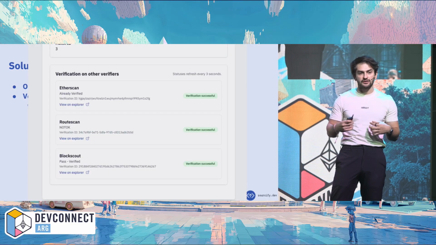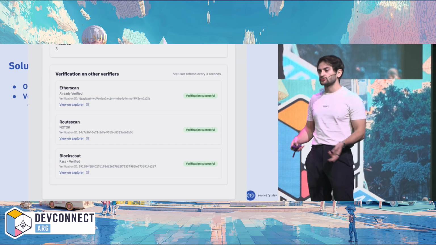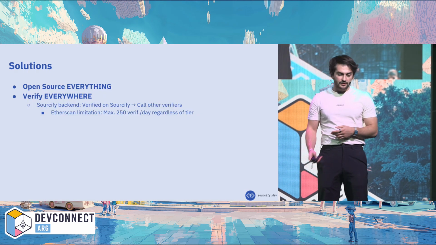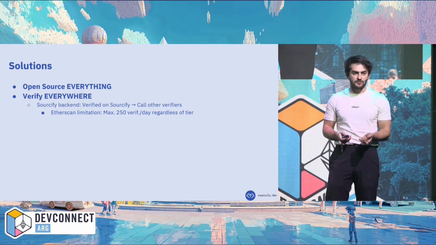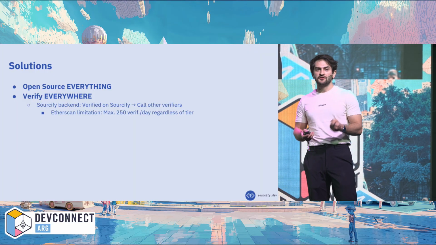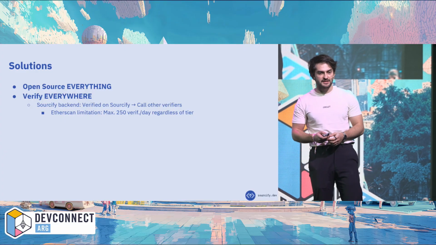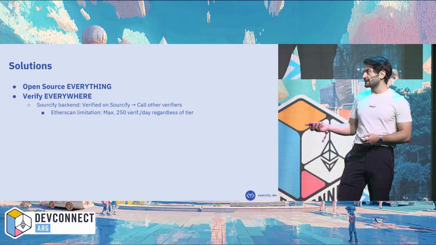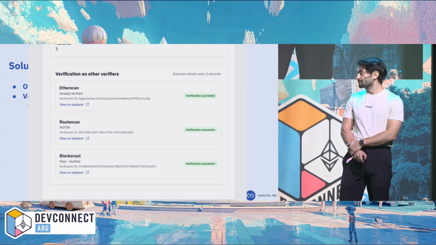So we also share it with Etherscan, we share it with RouteScan, we share it with BlockScout, so that users can also see what they do. But the limitation there is, with the Etherscan API keys, you can only post 250 verifications per day, regardless of the tier. Even if you have the most expensive API key, we are limited by this, so we can only share 250 per day with them.